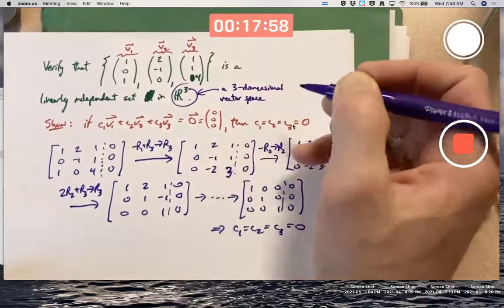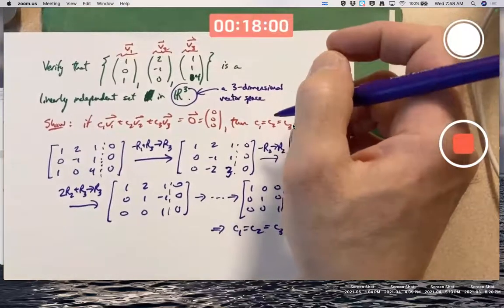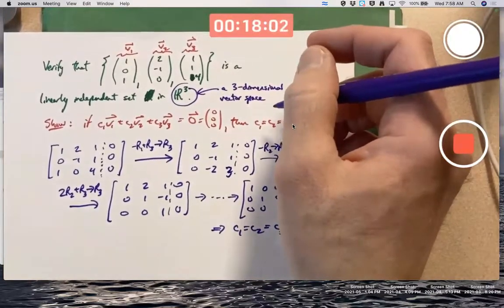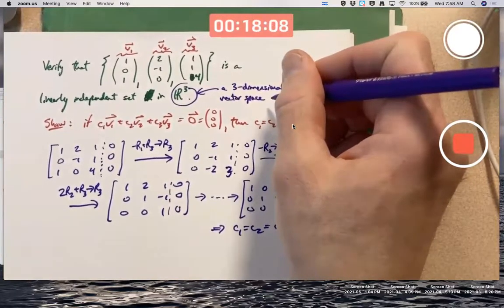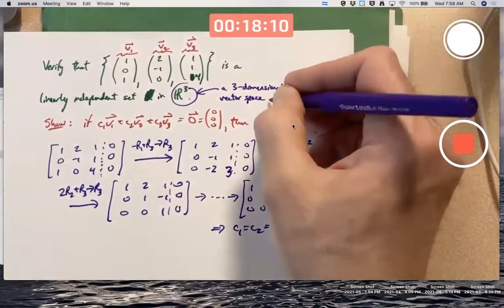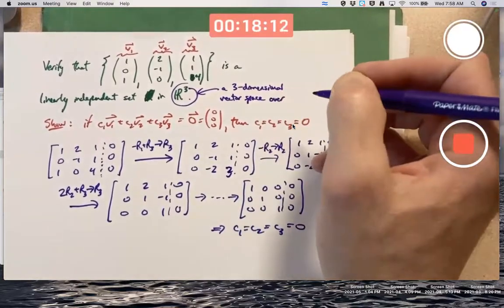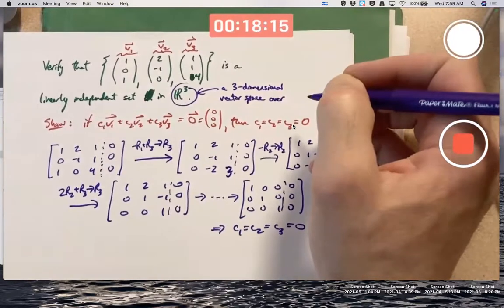Although, as we're learning here in our abstract algebra book, chapter 19, that's not quite a complete statement to say it's a 3-dimensional vector space. You should say it over a certain field.